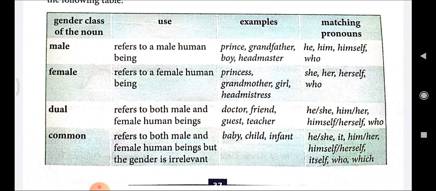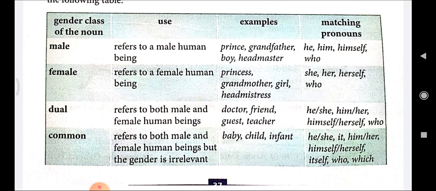Such type of human beings come in the dual class of nouns, dual gender of nouns. For example, doctor can be both male and female, friend can be both male and female. So here, according to the names, we can use he or she, him or her, himself or herself, or who as a pronoun.